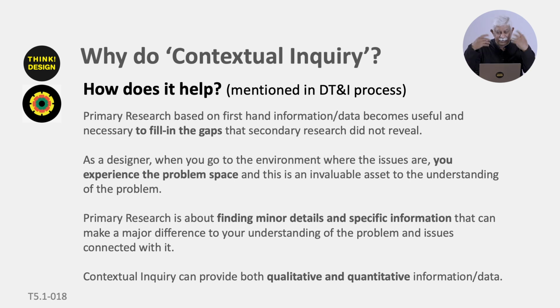And that could be a second brief. You started with an initial brief and then you come to another brief, because now you have the experience of doing both secondary as well as primary research. And then you come out with different alternatives as solutions, pick one of them and go ahead.